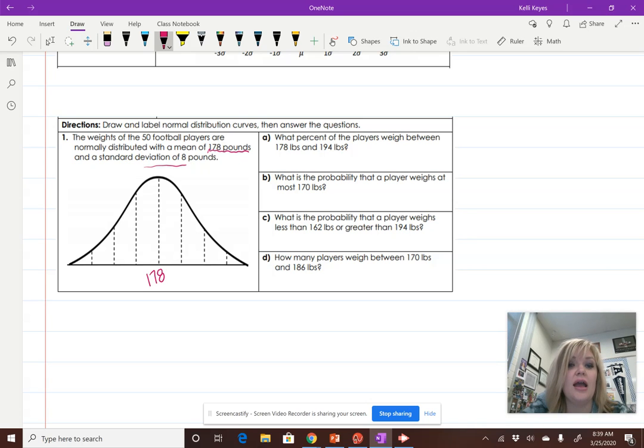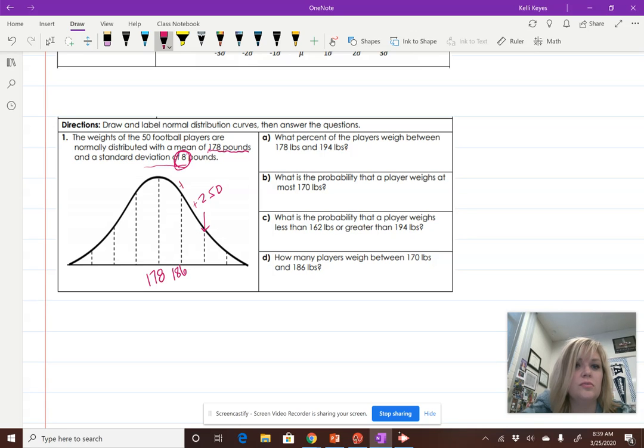And then if I go 1 standard deviation above the mean, that means I'm going to add 8, because 8 is my standard deviation, right? So I'm going to add 8 to the mean. 178 plus 8 is 186. So that SD would be 186. Then I add another SD, because this is going to be 2 SDs above the mean.